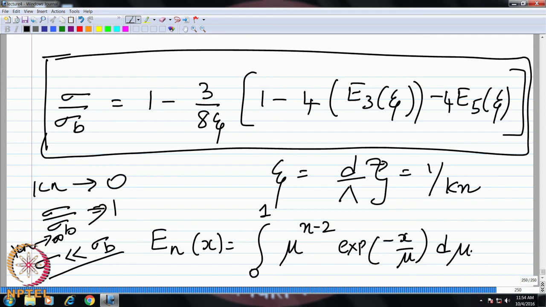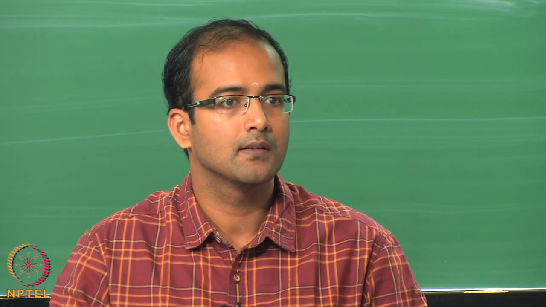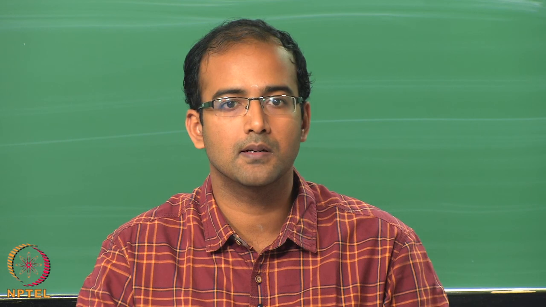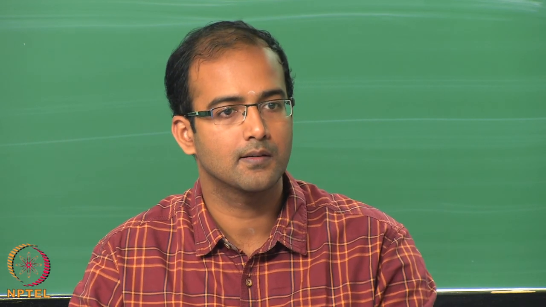So, we have derived from first principles using the Boltzmann transport equation, although it is a very tedious process, the simplest possible analytical solution for describing the size effects. It says that in the vanishing limit of Knudsen number, your electrical conductivity becomes your bulk value.